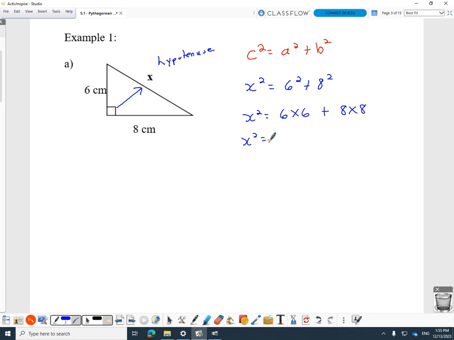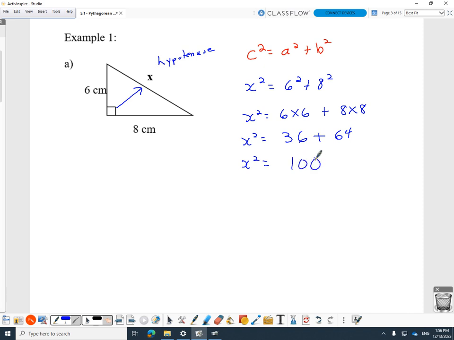What is 6 times 6? 36. Type it in your calculator, either 6 times 6 or 6 and hit the squared button. I think you'll find the calculators in the room here have a nice squared button. You just hit 6 squared, boom, answer. And then 8 squared, 64. So then I got to add those together. 36 and 64, 100.